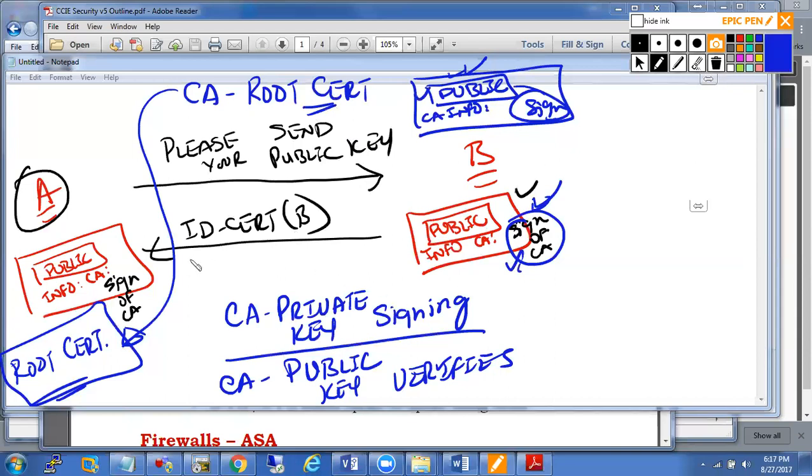So when the ID cert came in with the signature of the CA server, I'm going to use his public key to verify that the signature is correct. If I can verify that the signature is correct, I know this is a valid certificate signed by this CA server that I trust. So this root certificate I download, I'm downloading it and trusting it. This is the trusted root certificate. So if I trust the root certificate, I trust the signature, and I trust the guy.